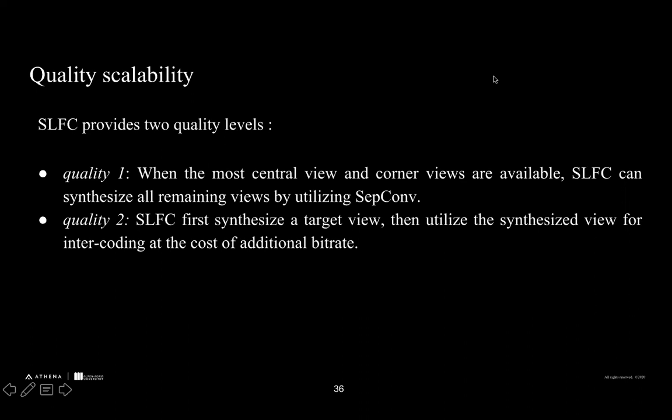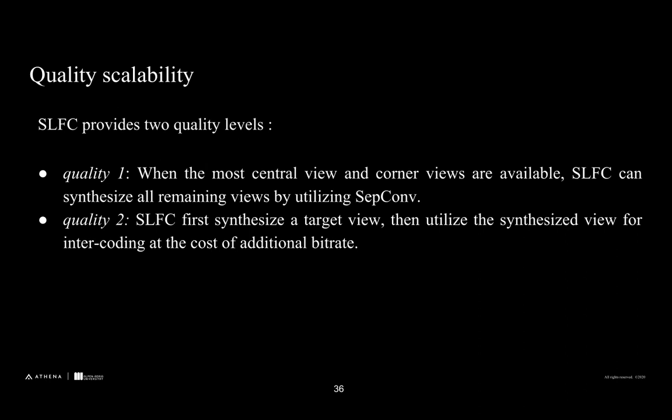For quality scalability, SLFC provides two quality levels. It's very similar to scalable video coding that is provided, for example, in SVC or SHVC. For quality 1, when we have the most central view in layer 1 and corner views in layer 2, we can synthesize all other views using our deep neural network.